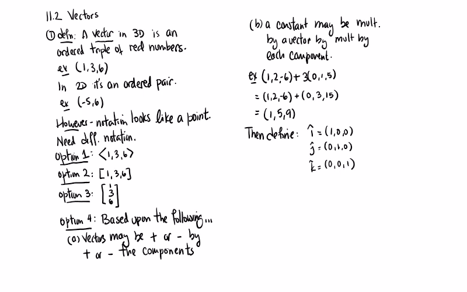So then, for example, the vector (1, 3, 6), the one we started with, is the same as 1 times (1, 0, 0) plus 3 times (0, 1, 0) plus 6 times (0, 0, 1), which is the same as 1i plus 3j plus 6k.